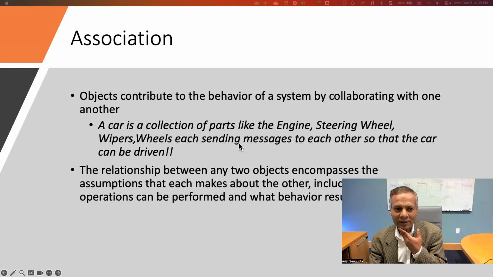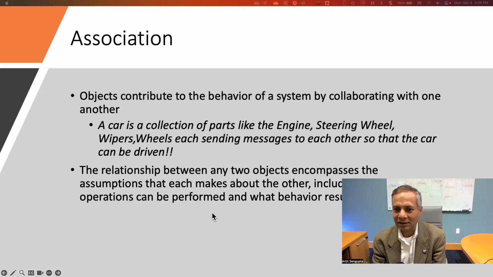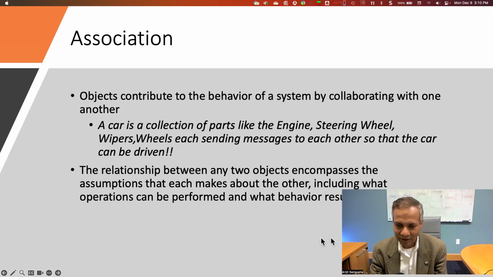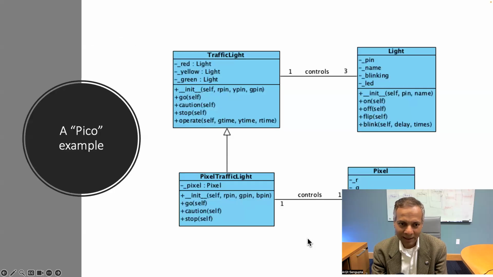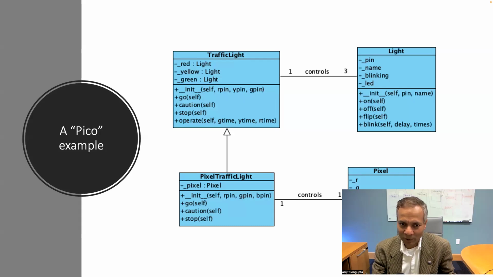All right, so an association is basically a collection of the different types of classes that work together and collaborate with one another. And we have seen this in our previous videos. For example, if I go back and show you the light example that we worked on, we created a traffic light class and we created a subclass of the traffic light class.